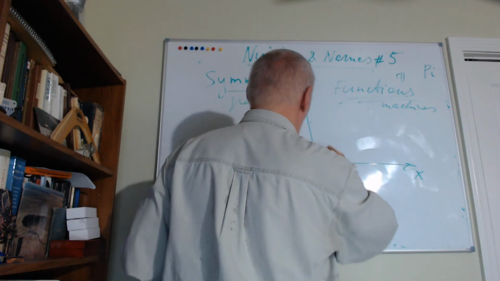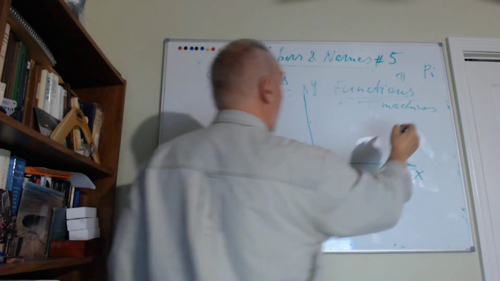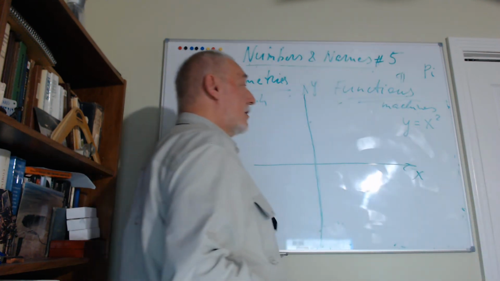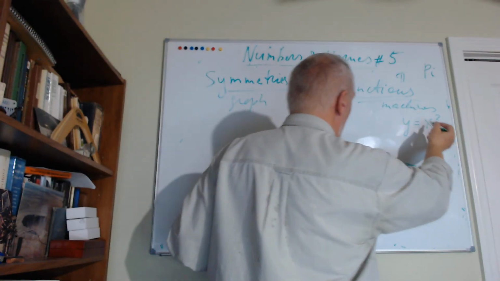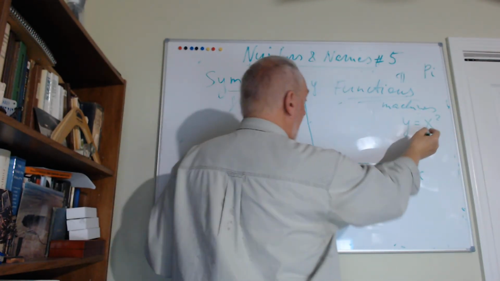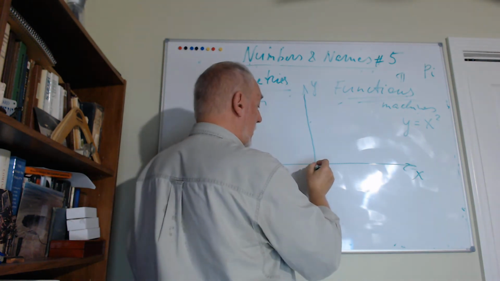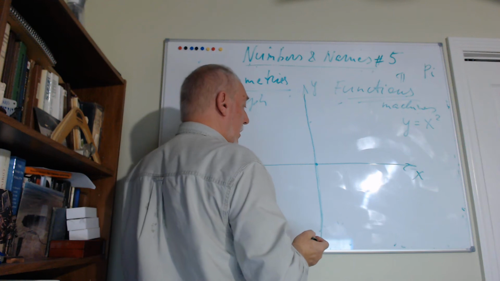Right, Papa? Yes. Correct. Now, let's try another function, the square function, x to the power of 2, right? So y is x squared. For x equals 0, y is also 0.